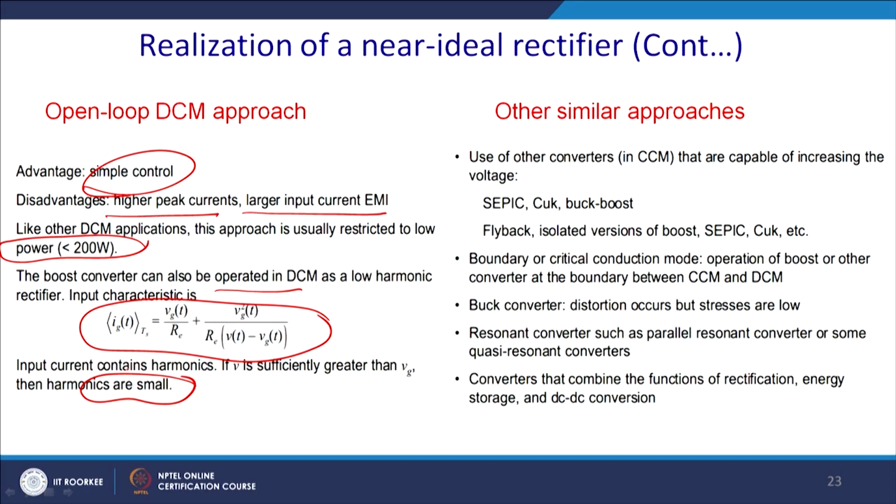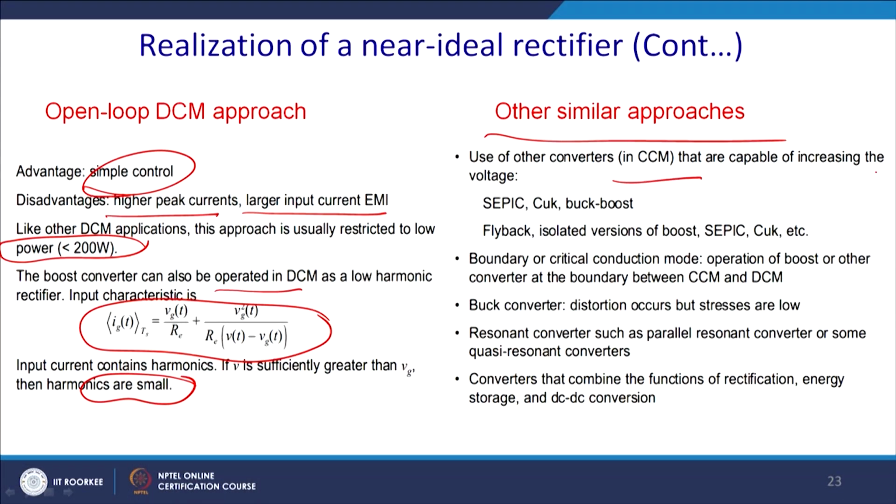But that is not generally the case, we generally have harmonic issues in the case of discontinuous conduction mode. Similar types of approaches can be used in CCM mode, and we can have different kinds of topologies. This is basically the SEPIC topology, the Cuk topology, pronunciation is Cuk, and the buck boost.